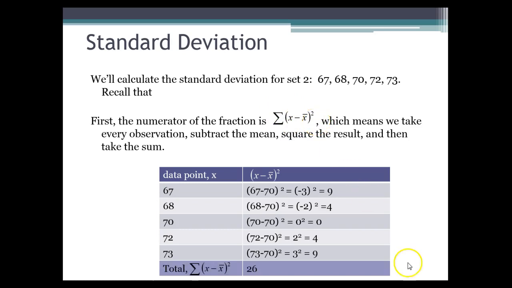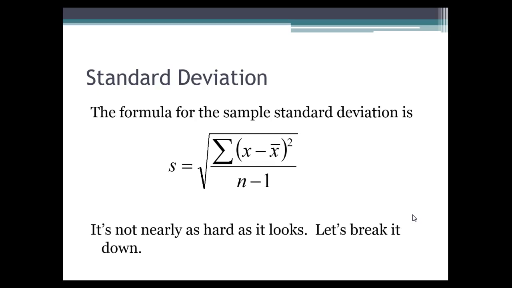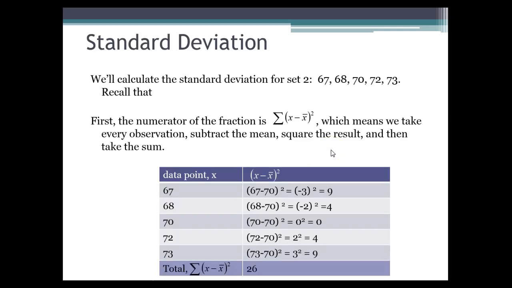So we just add up all of these, and we get 26. So we've now done the top part of this formula. Now we just need to divide by n minus 1, and then take the square root.